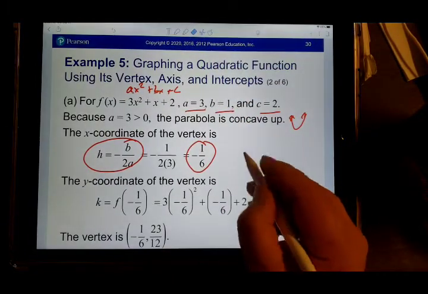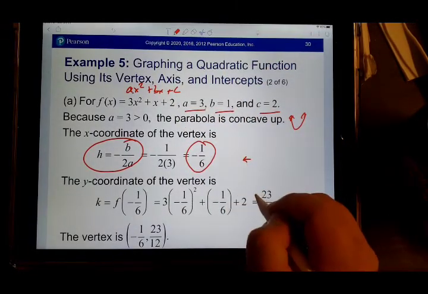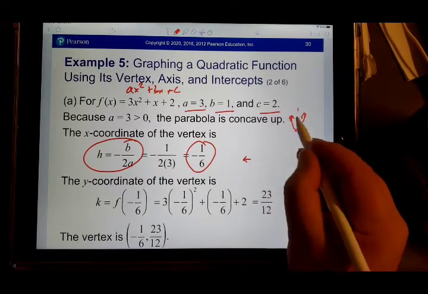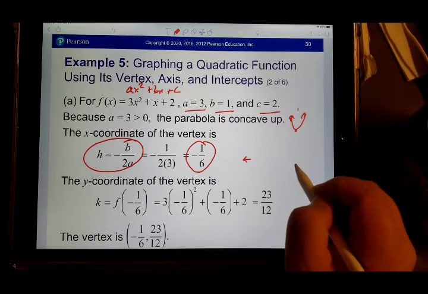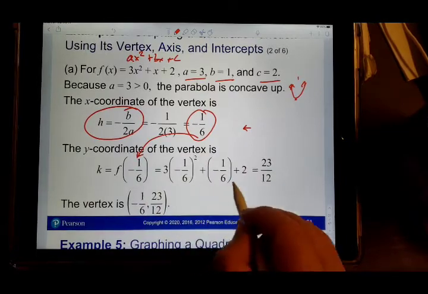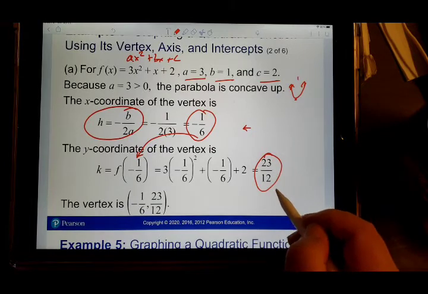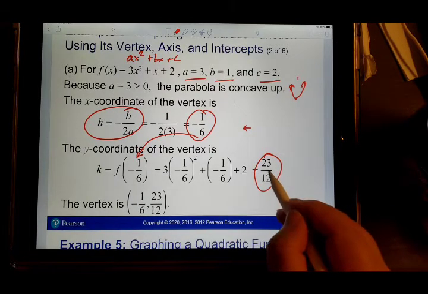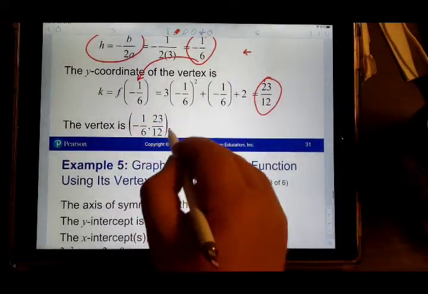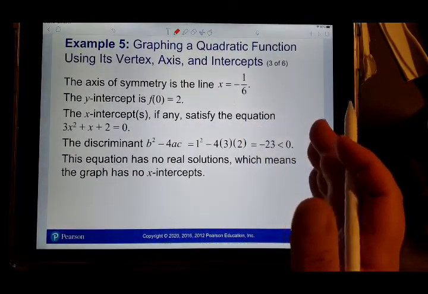It's just a tiny shift, the vertex being just left of the y-axis. Well, you take the -1/6, plug it in, and you get 23 over 12. 24 over 12 would be 2, so this is very close to 2. But we found the vertex. That's enough to get started.